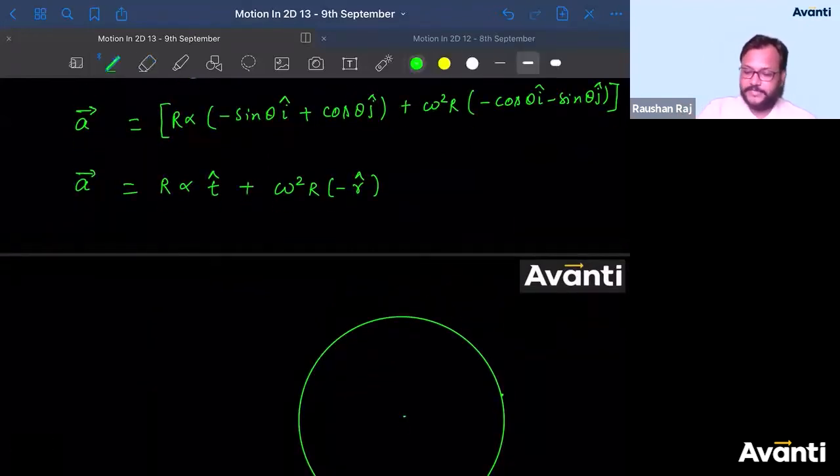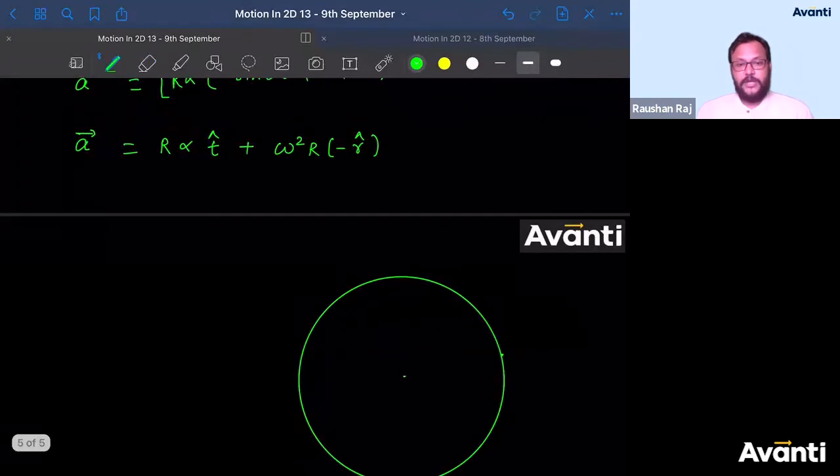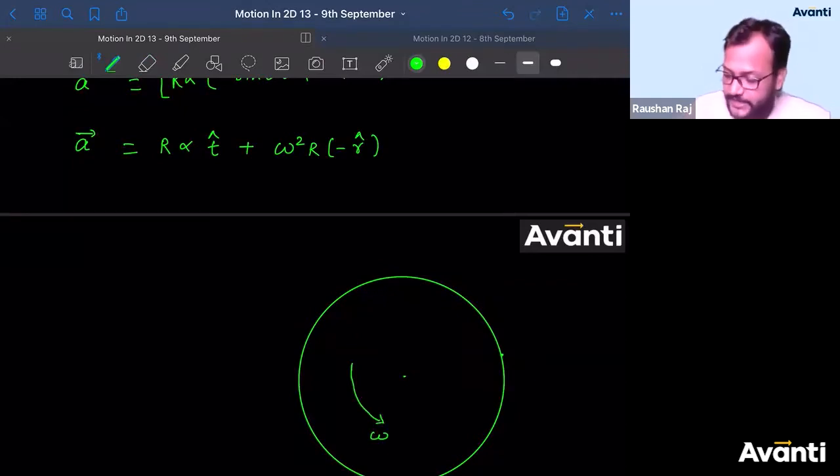Can I say acceleration will have two components? One of them will be along the tangent, the other one will be radially inward, along the direction towards the center. Because if this is the omega, this is t cap.